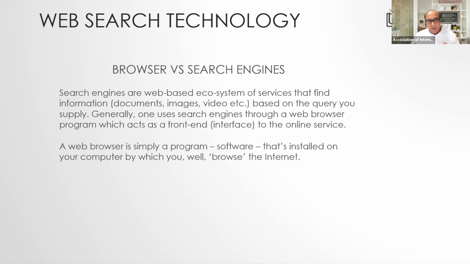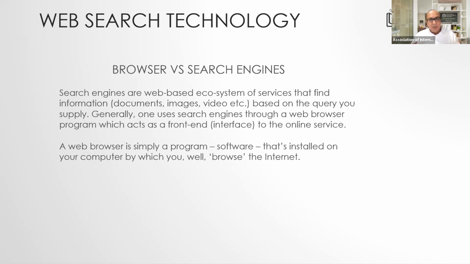But to begin with, a search engine itself is an environment. It is not just one entity or one huge server. It is actually a lot of servers that are placed in an environment called data centers. There are hundreds or even thousands of data centers, with so many servers sitting in each one of them, that together form an ecosystem or an environment which is called a search engine.